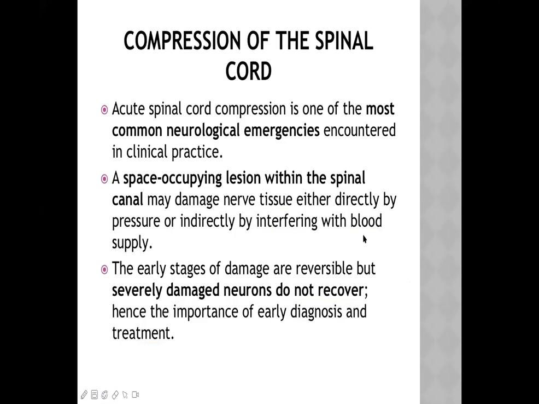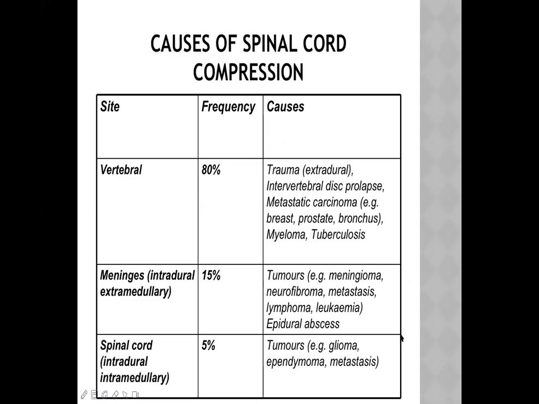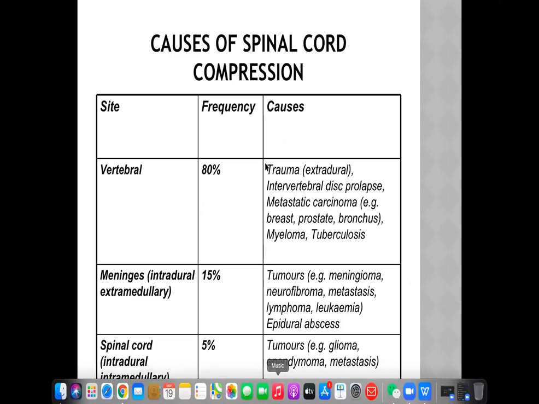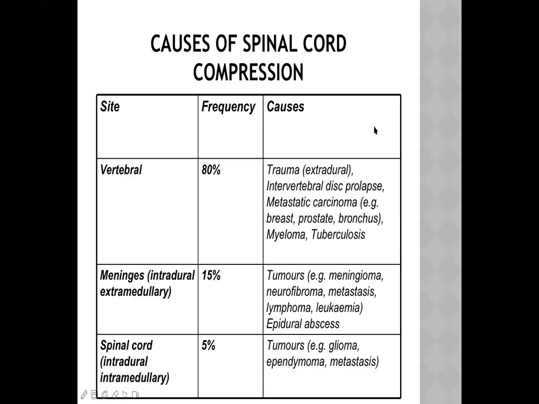Let's move on. Now, what are the causes of spinal cord compression? So please focus here. We have divided these causes into different sites: vertebral, meninges, and spinal cord itself.